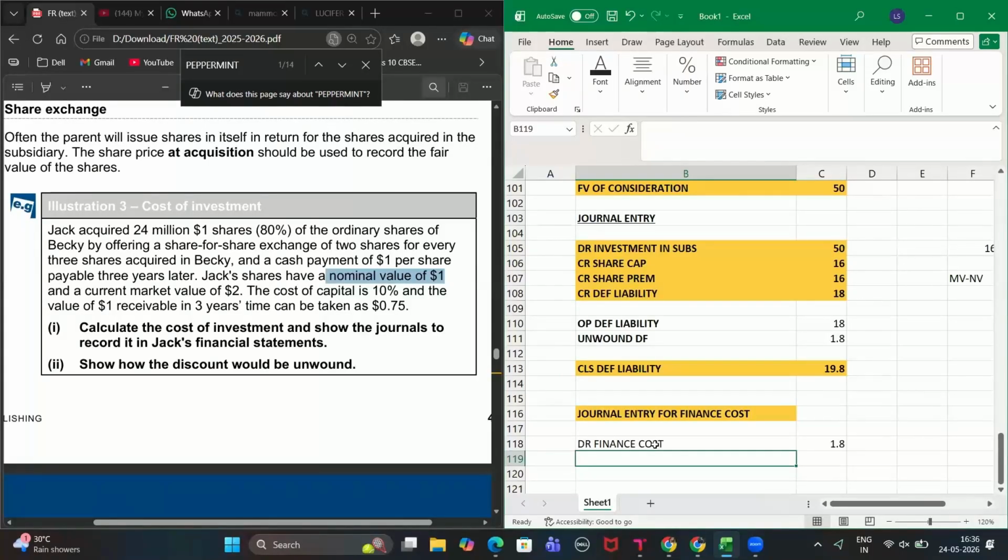See what happened to our deferred liability from 18 million? It increased to 19.8 million, right? So liability is increasing. So debit or credit? It will be credit. Deferred liability. How much? 1.8 million.